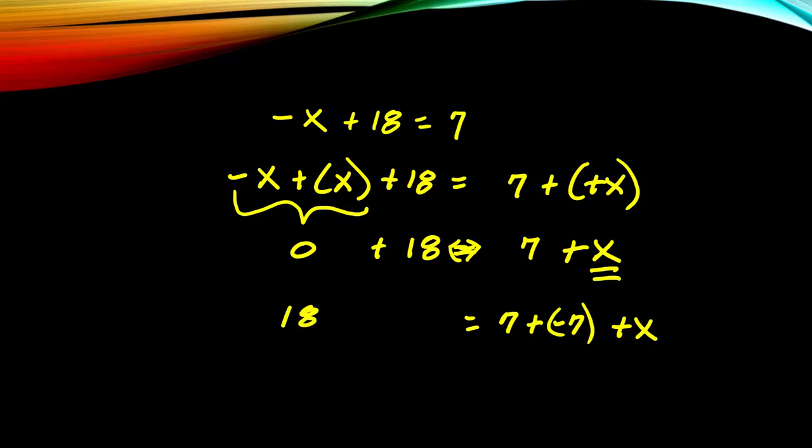It's going to be 18 plus a negative 7. You recognize this as the additive inverse. That's a 0. So we have x equals what's left over here. 18 can be written as 11 plus 7.